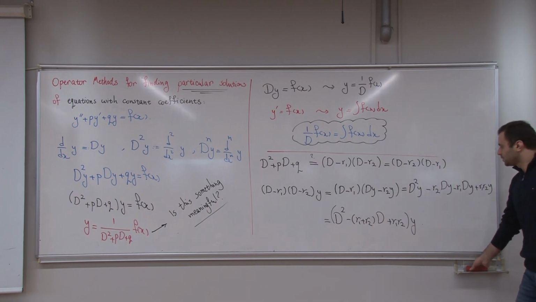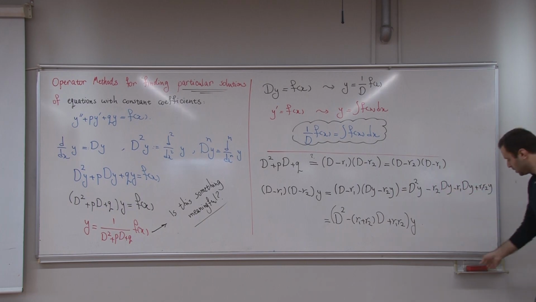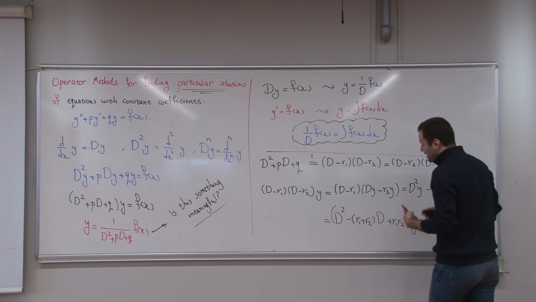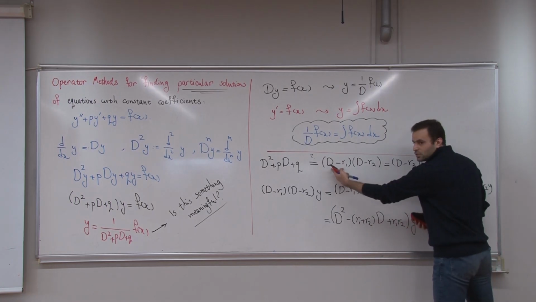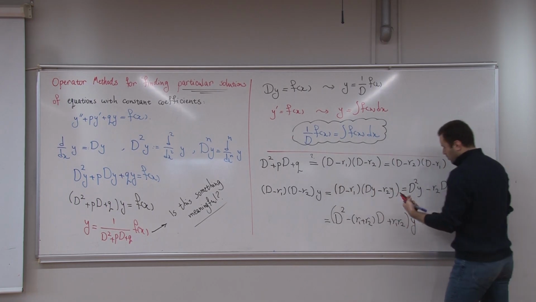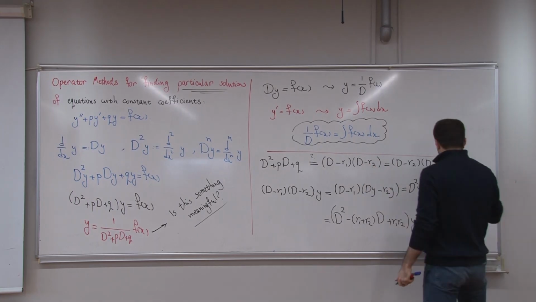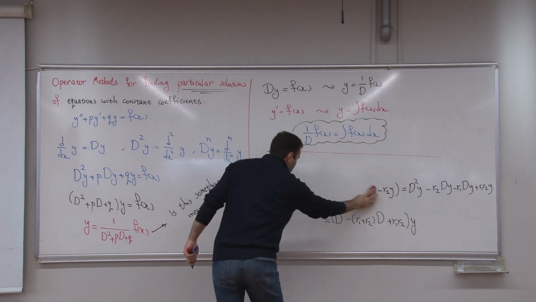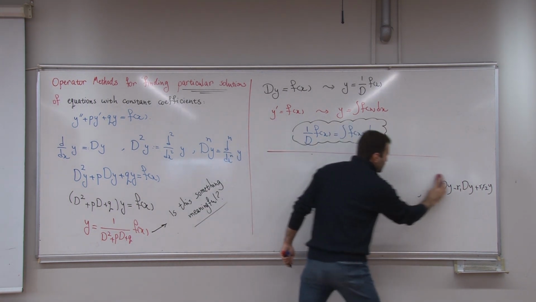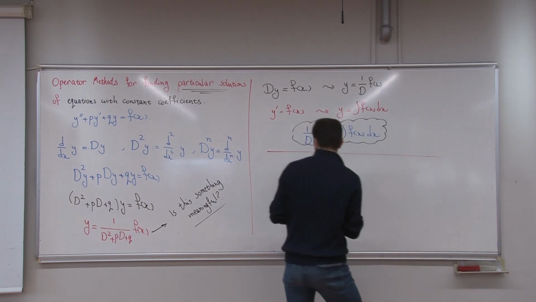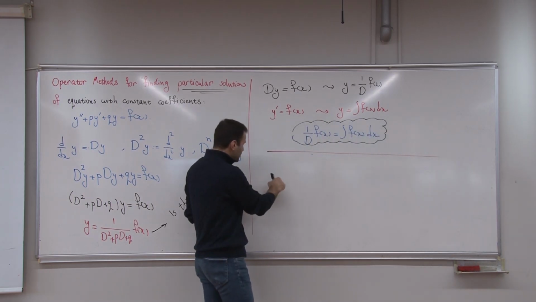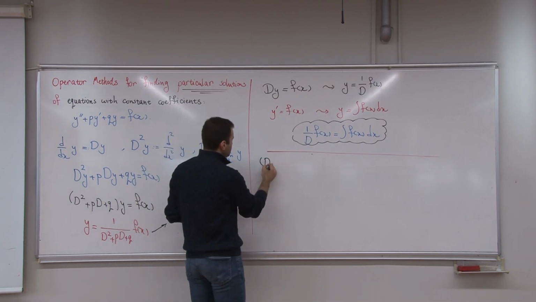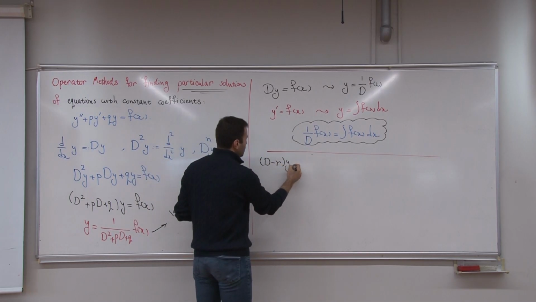What do I mean by that? Keeping this in mind that we can actually turn this or higher order things into equations with these forms, I need to just ask this question. How can I give a meaning for 1 over d minus some number? So let's start from here. D minus r.